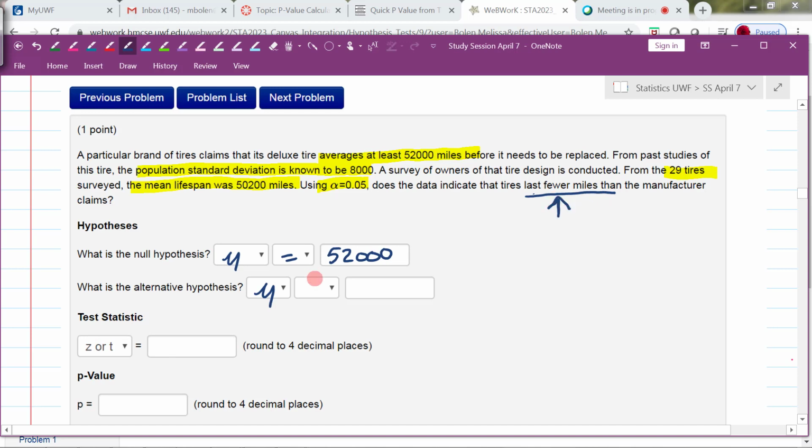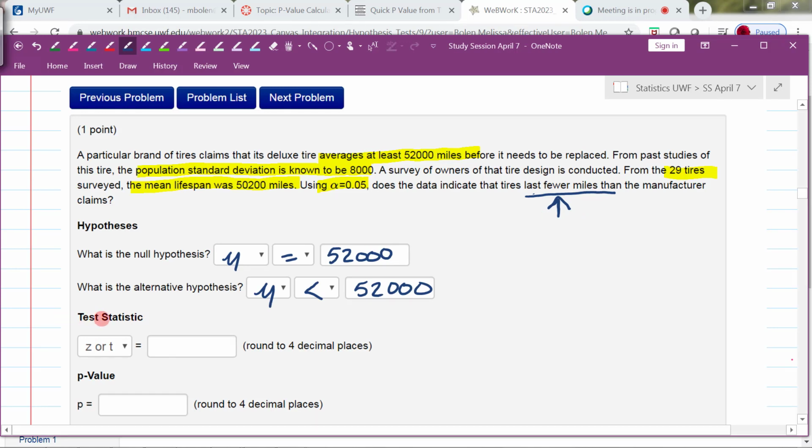So that's going to be mu less than 52,000 miles. Whatever number you put here, that's the historical data, it always goes here. What we're testing goes here, and we need to see if the evidence substantiates beyond any shadow of a doubt that the average miles is less than what the company claims.